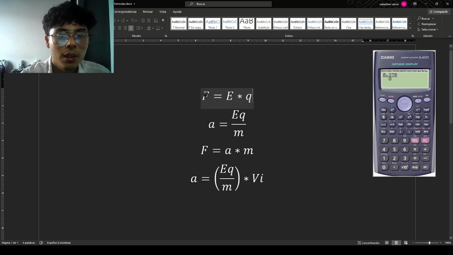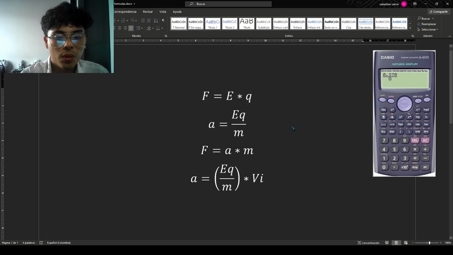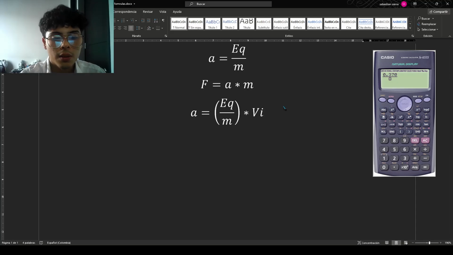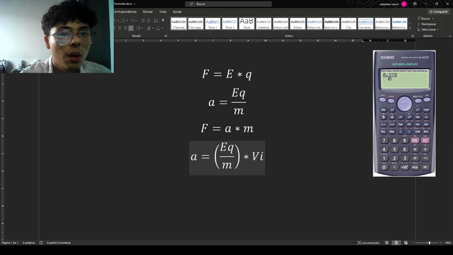First, the formula for acceleration will be the magnetic field, multiplied by charge, divided by mass, multiplied by initial velocity.